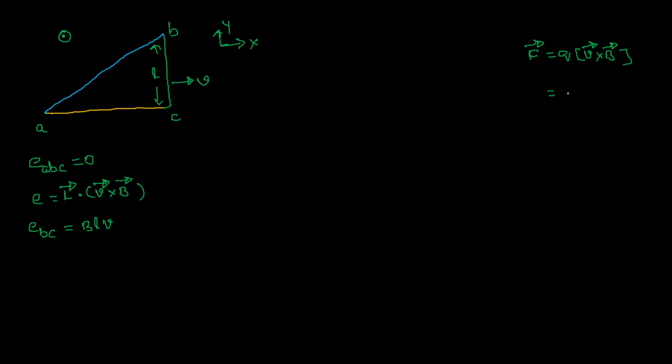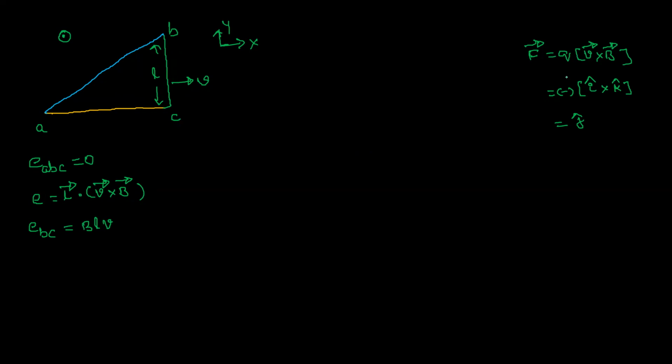Since electrons mean negative charge, I'm taking negative here. V bar, the velocity, is along the positive x-axis, so it is i cap cross B bar. B bar is towards us, that is k cap. So i cap cross k cap is minus j cap, and minus of minus is plus, this is j cap. That means electrons move up. That means B becomes low potential and C becomes high potential.